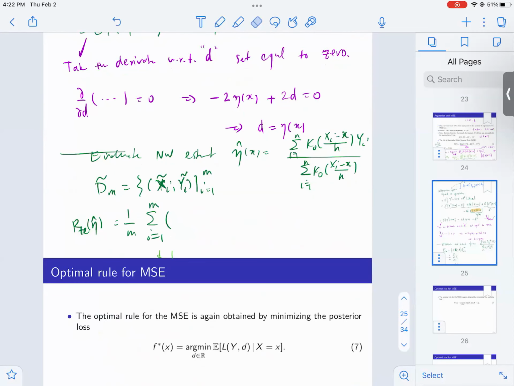Just plug in everything; every time you want to estimate, it's an empirical estimate of the loss. So you have y hat, which is your eta hat applied to xi tilde. This is a new data set that you haven't seen in training. You apply it, and then you measure the difference with the actual y. So it's just 1 over m, summation i from 1 to m, of eta hat of x tilde i minus y tilde i, squared. This eta hat comes from the training. You apply it to each one of your test data and compare with the corresponding y. You take the average. That would be your test MSE.